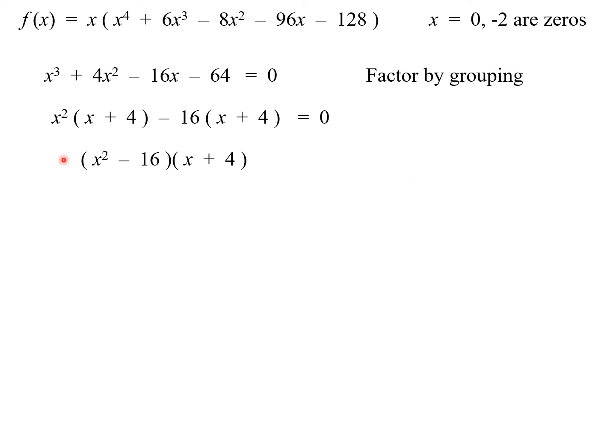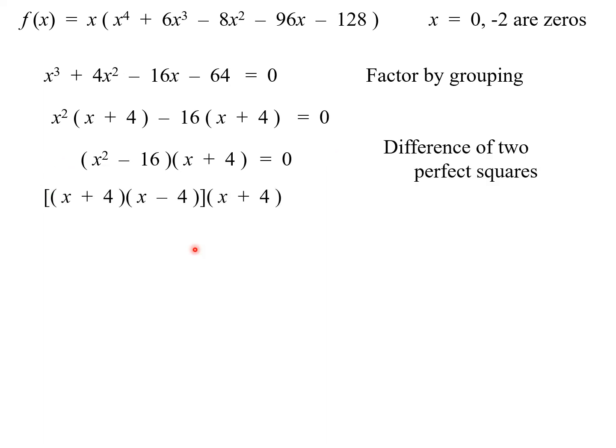And then I noticed that the x squared minus 16 is a difference of two perfect squares. So I can factor that into the quantity x plus 4 times the quantity x minus 4, and then bring the previous x plus 4 along. And I get that, which I set equal to 0.